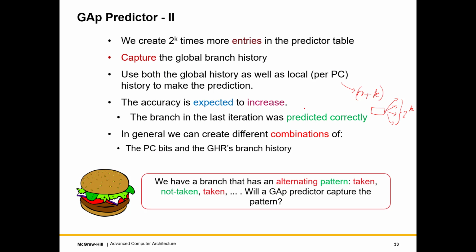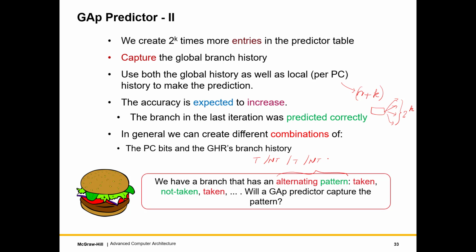So let us proceed. What we have seen is that we have created a new kind of predictor, and the predictor is not just limited to predicting the 6th iteration correctly, which we just did. But let us assume we have a branch that has an alternating pattern: taken, not taken, taken, not taken.